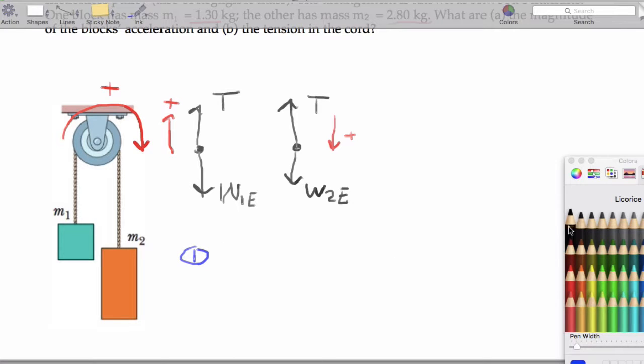the equation is going to be T, the tension, pulling up, minus M1 times G. And that's going to equal M1, a given, times the acceleration.